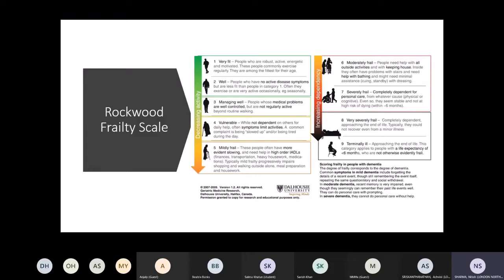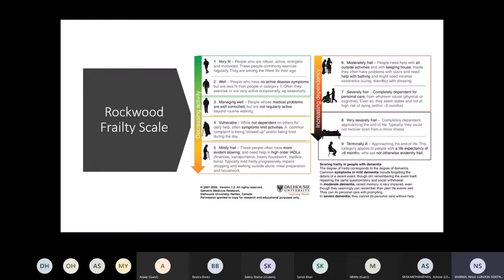Mildly frail would be people who are gradually slowing down. They need help with some activities outside, but no help with any activities inside the house. Vulnerable is not a clinical frailty score; it means the patient is not dependent for any help, but symptoms limit their activities like going out or eating out.